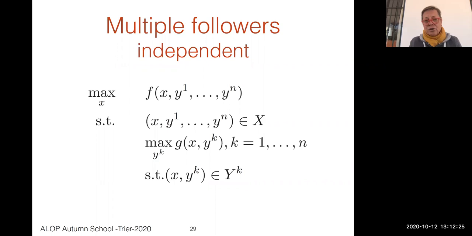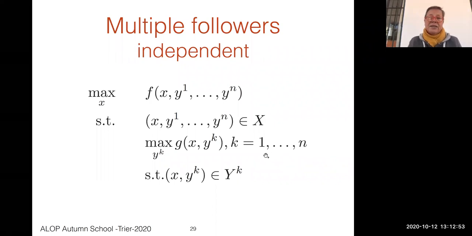When you have multiple followers, you may have two very different situations. You may have the case where they are independent, in the sense that each follower faces an optimization problem that depends on the first level decision variables, but not on the decision variables of the other followers.